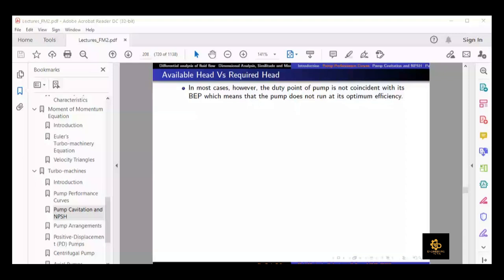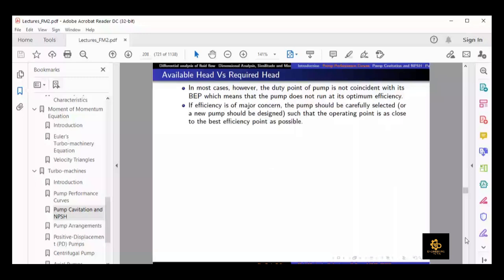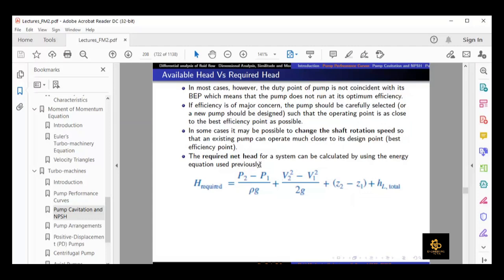So, we were discussing the available head and required head before this break. As I discussed, the required head can be calculated from the difference in pressure at the outlet and inlet, the velocity difference, the elevation difference, and then h_L total, which is the total head loss for that piping system.